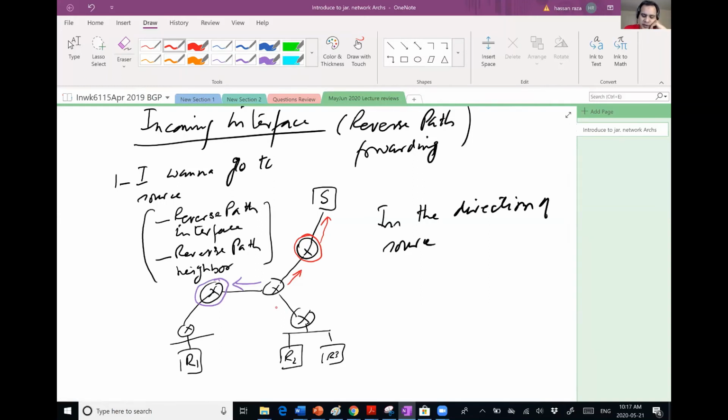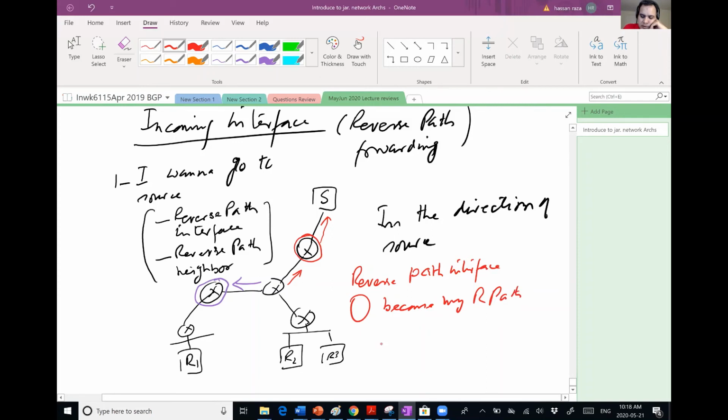So my red interface would become my reverse path interface, and the red router will become my reverse path forwarding neighbor. So I have to determine two things.